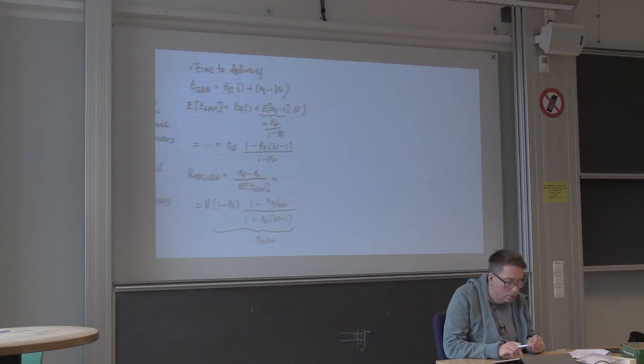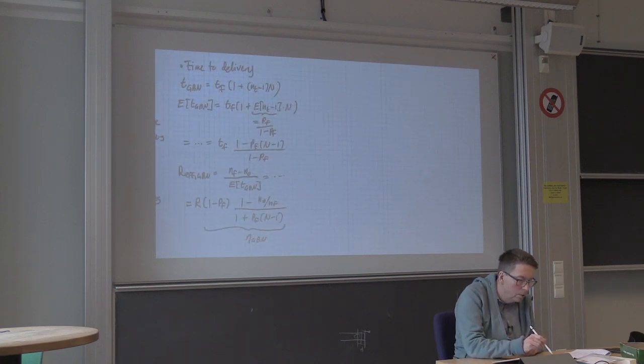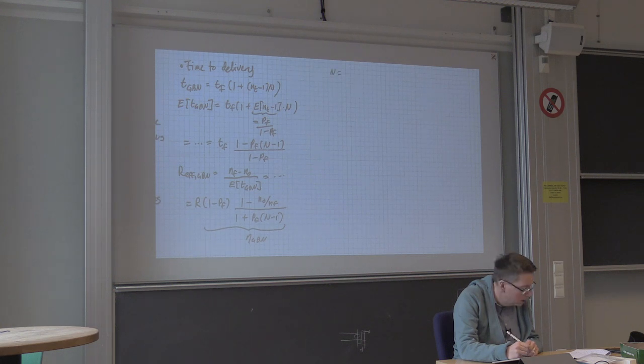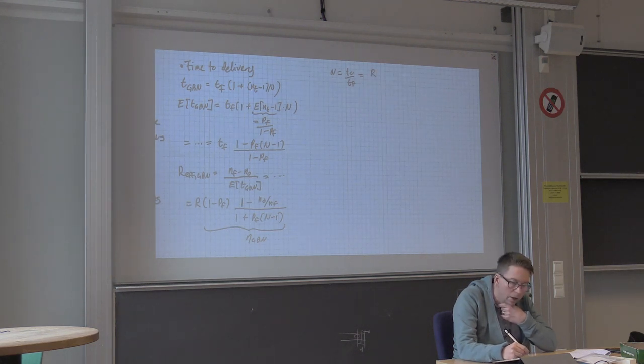So let's do a simplification here, that N is equal to T0 divided by TF. And if we want to write that in terms of the rate R, TF is NF divided by R. So here we have R T0 divided by NF.